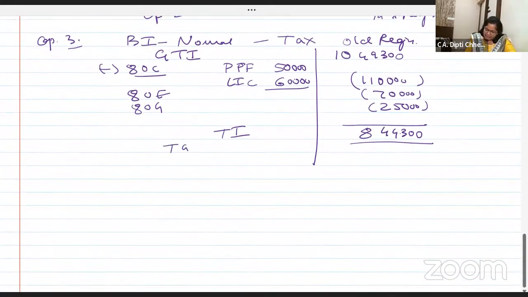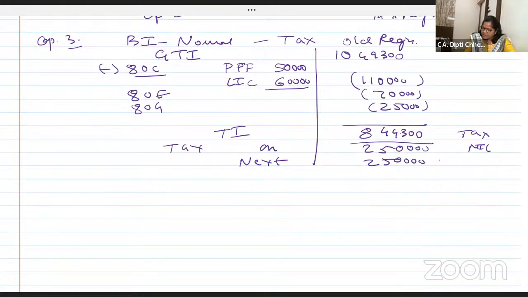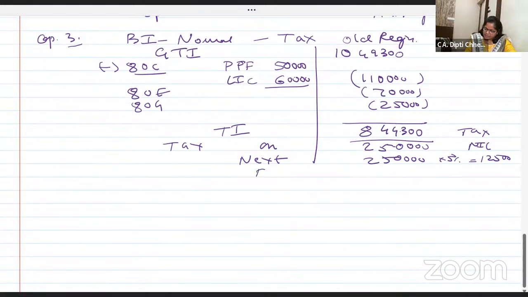Now can we calculate the tax thereon? On 2,50,000 first, basic exemption, the tax is nil. Next 2,50,000, it is 5%, 12,500.